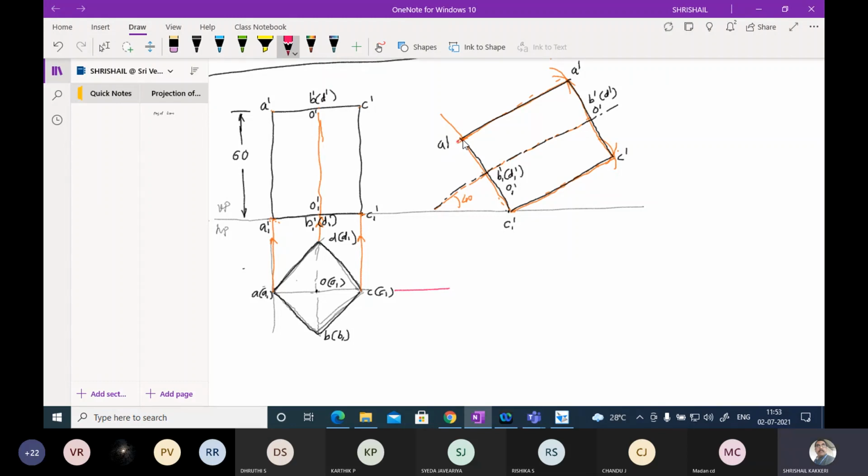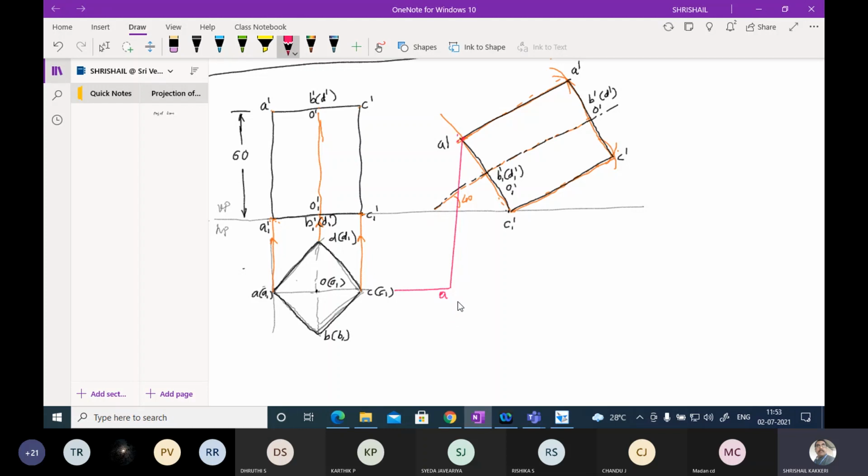What I am doing is, I am going to write a line vertically down. So we are meeting at this point. This will be point A. Okay.